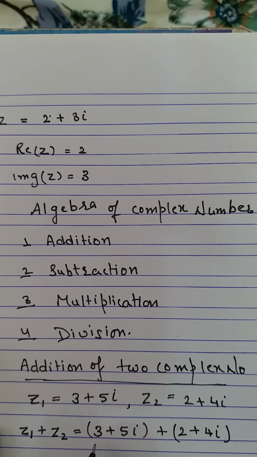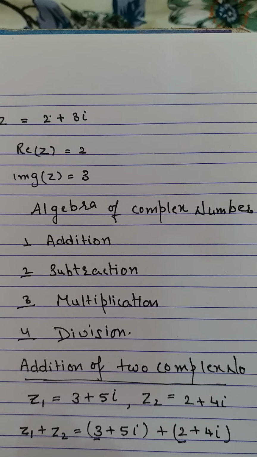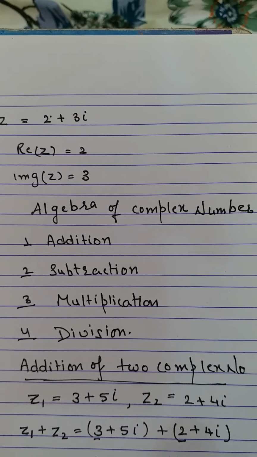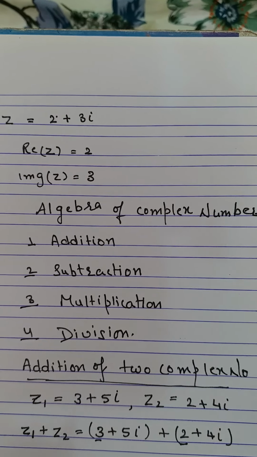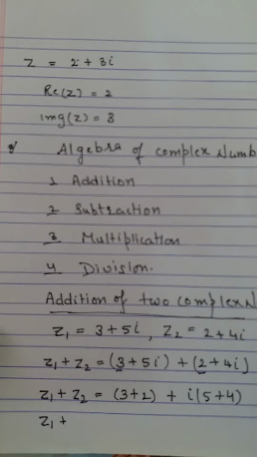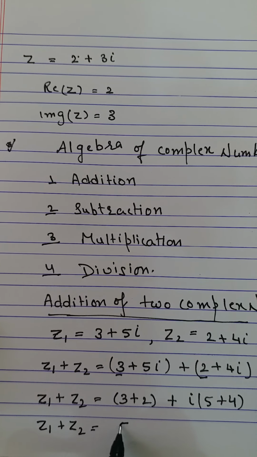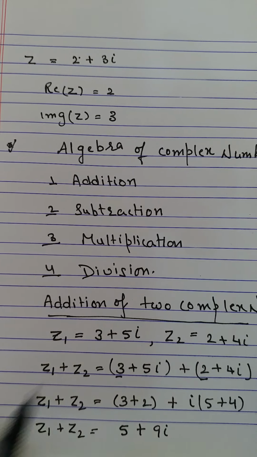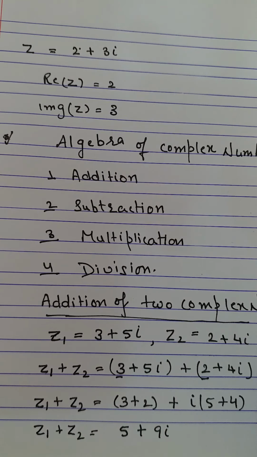In this we will add real part and imaginary part separately, means 3 plus 2 plus iota common 5 plus 4, and then z1 plus z2 is equal to 5 plus 9 iota.